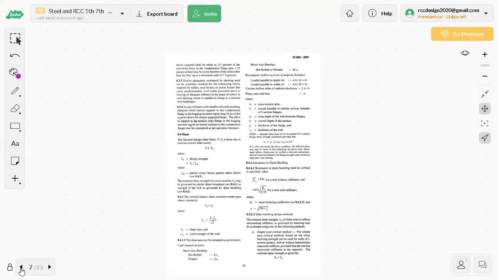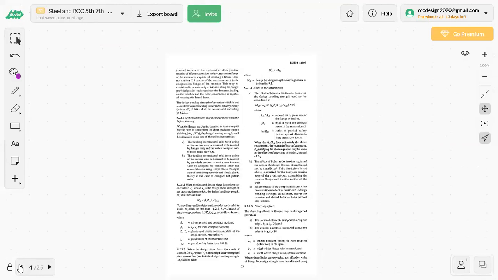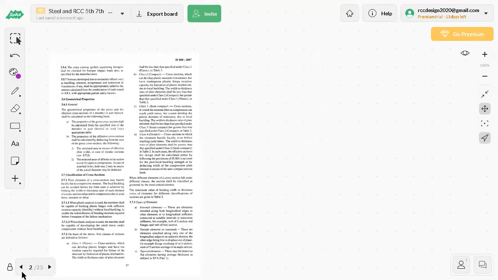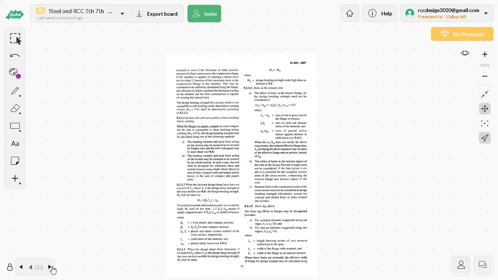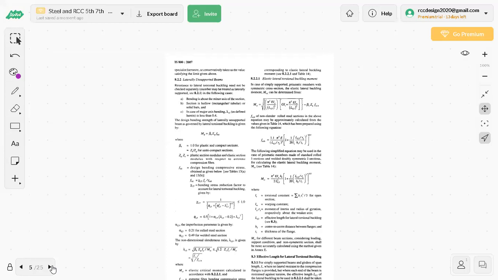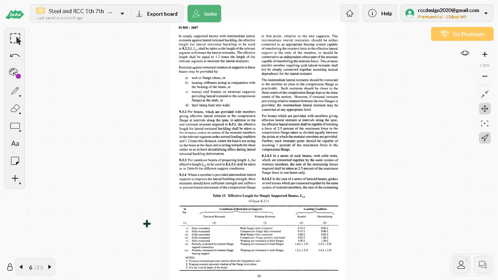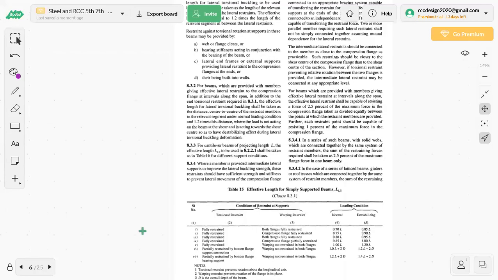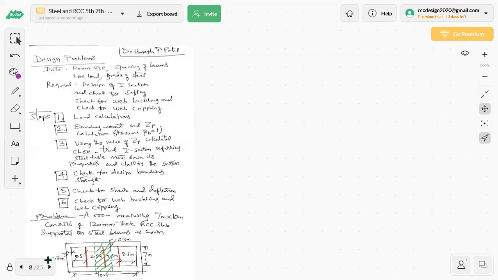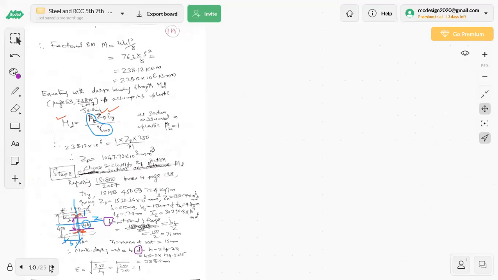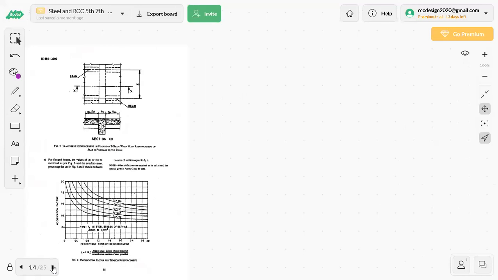Anyway, I'll check whether I have loaded the table or not. Otherwise, I'll open that codebook. The table is not here. I will open that codebook separately again. No, this is RCC, I think.